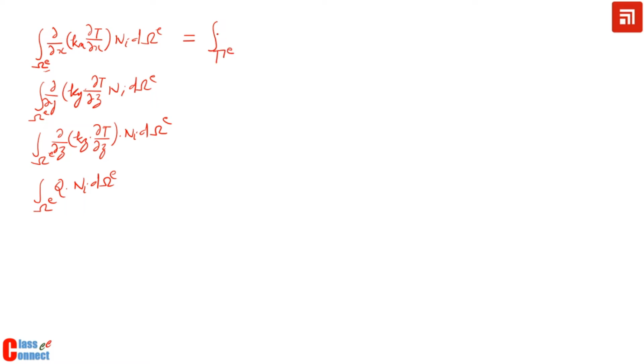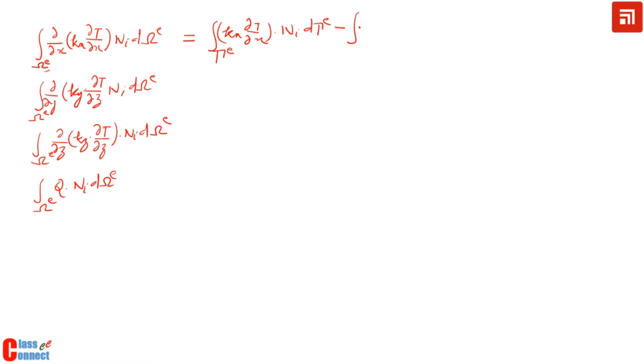So it is given by kx del T over del x multiplied by Ni, and then it is on the boundary or the area, minus the differentiation of the first and integration of the second.